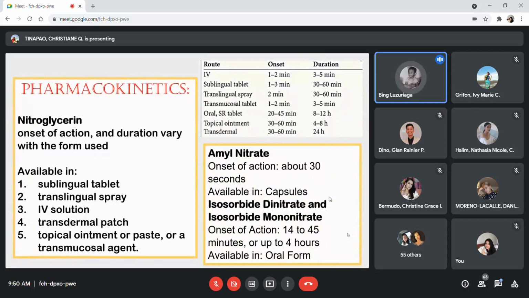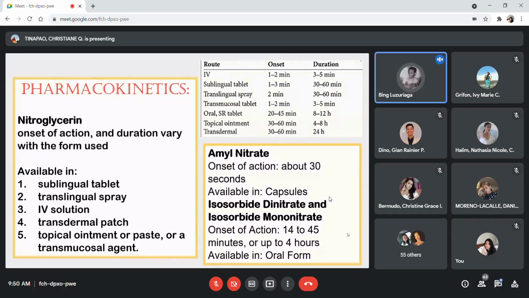Nitroglycerin's mechanism of action is that it is a nitric oxide donor. Again, the mechanism of action is nitric oxide donor. What will the nitric oxide do? Nitric oxide, your NO, will increase your cyclic GMP by way of soluble guanylyl cyclase.